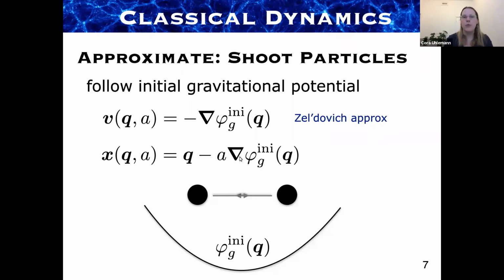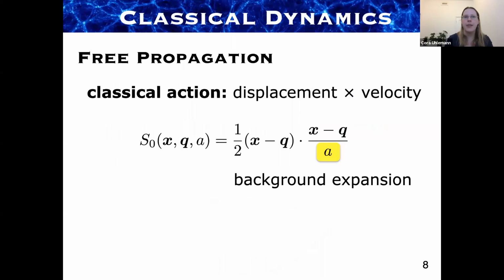Now, what can we do with this simple Zeldovich approximation? Let us slightly reformulate what we just said. For the free particle, we can actually easily write down the classical action. Let me remind you, the action is just the integral of the Lagrangian over time. So for a free particle, the Lagrangian just has the kinetic term, so it's 1/2 times the velocity squared.